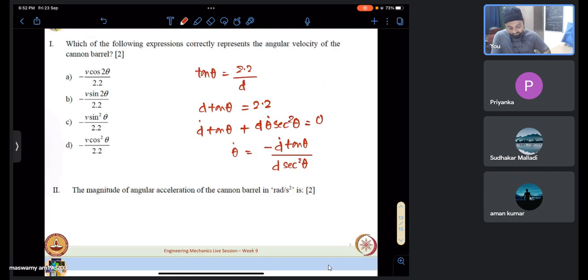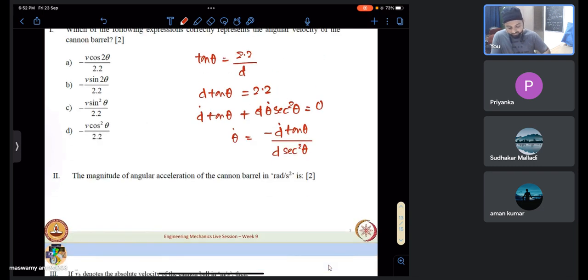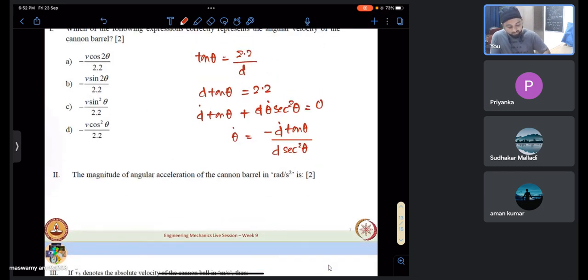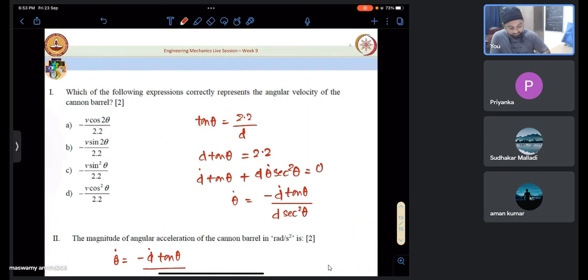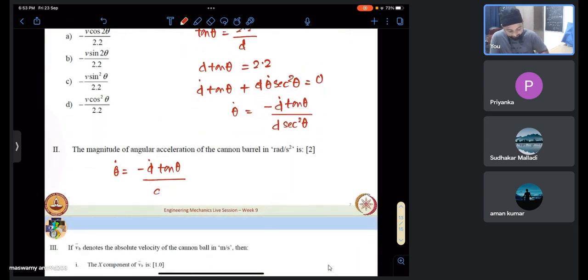We have been given this in terms of other quantities, so let us simplify further. d dot tan theta upon d is 2.2 by tan theta.